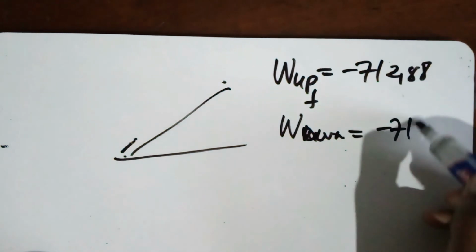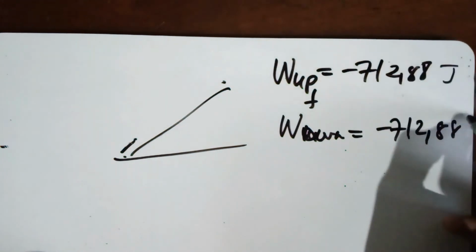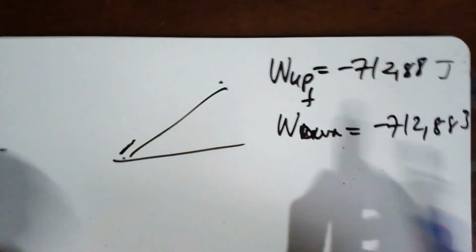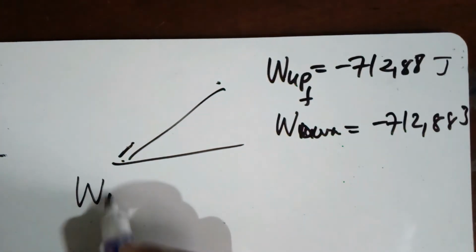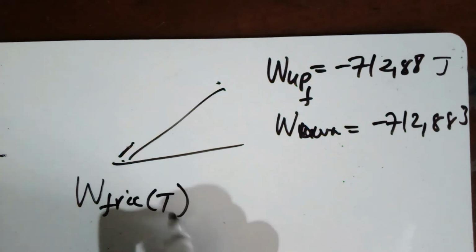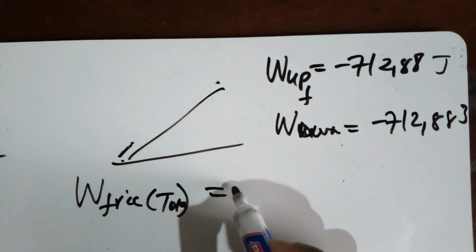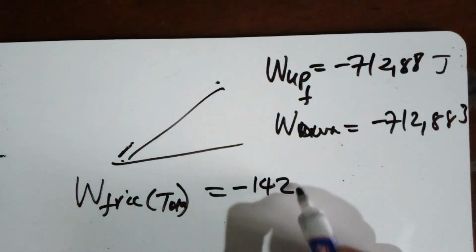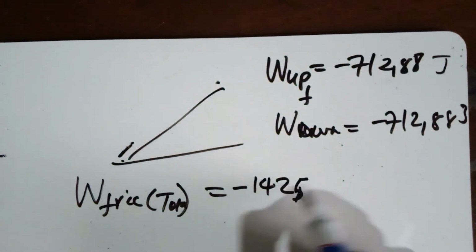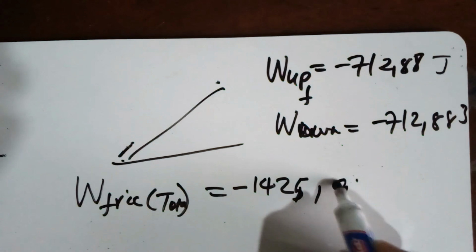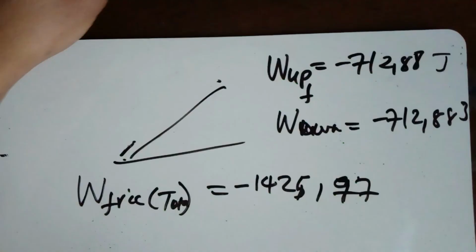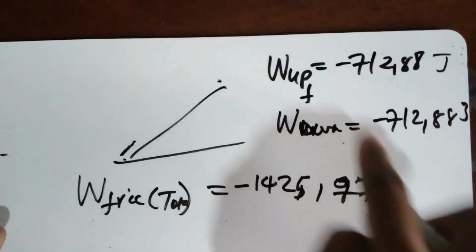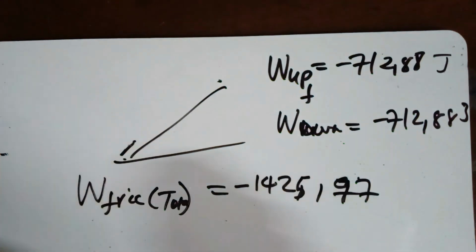So it's just a matter of adding the two together, and the total work done by friction would be a negative of 1425.77, or you can say it's double the work. So remember that, it's not going to cancel each other. Because friction always opposes motion, that value will always be a negative value.